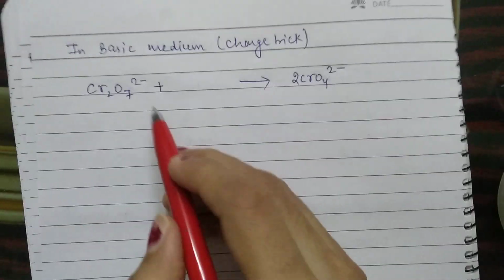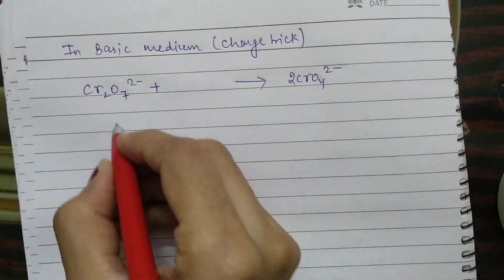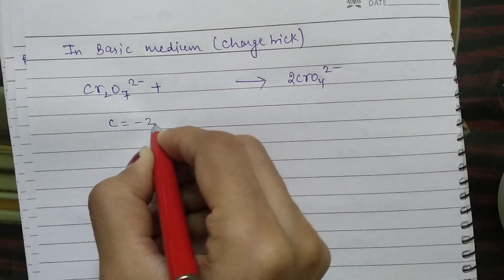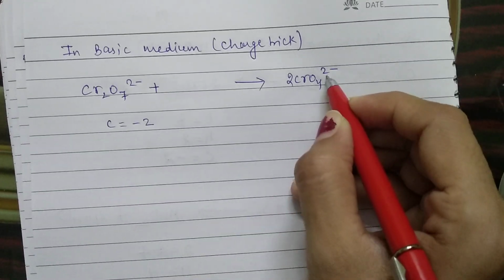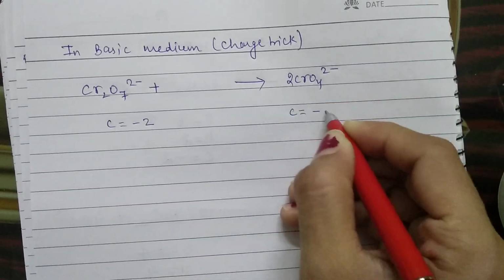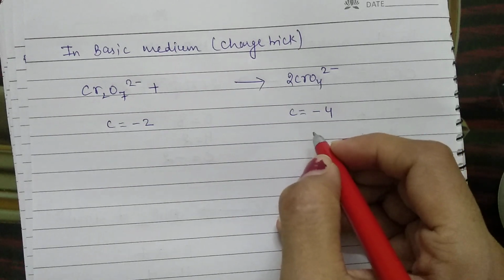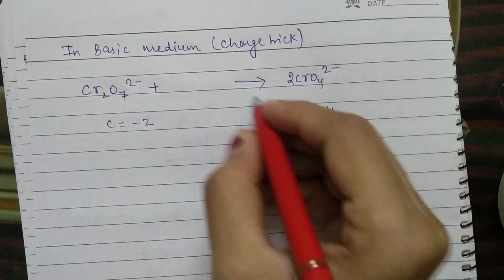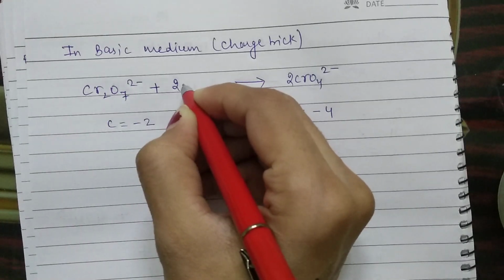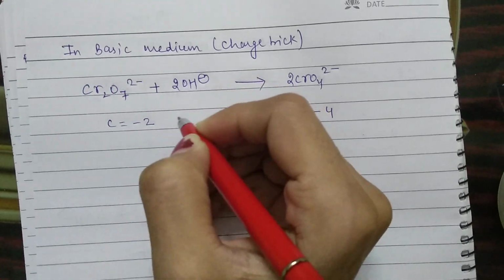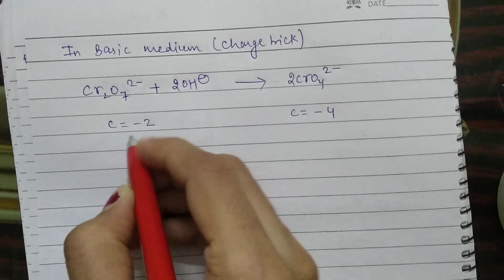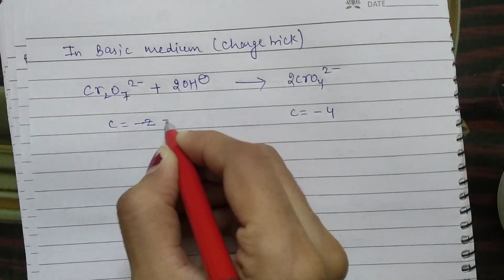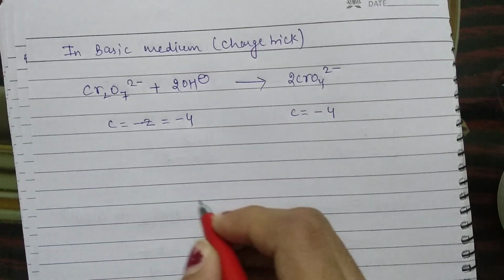We can see that a charge of 2- is there on the reactant side, and a charge of 2 multiplied by 2, which is -4, is there on the product side. So we have to place twice of hydroxyl ions on the reactant side, such that the charge on the reactant side also becomes equal to -4.